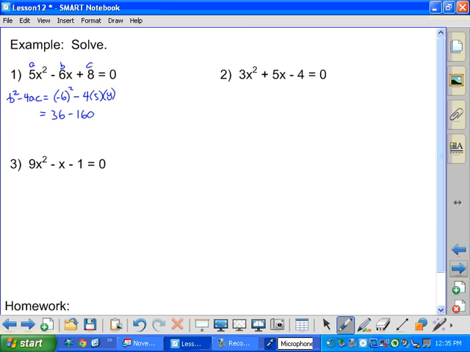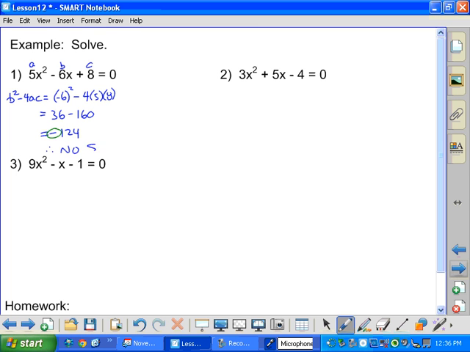It's going to be less than 0, a negative answer. 36 minus 160 is negative 124.